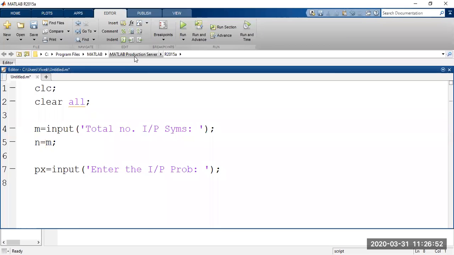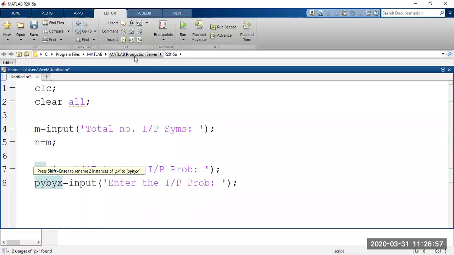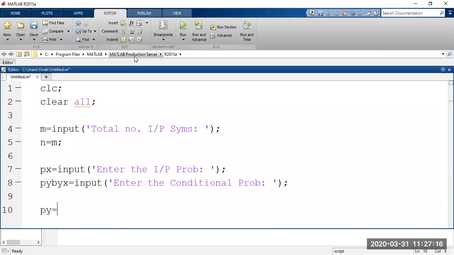Then next, in the example, we have been given the values of the conditional probability matrix, that is P(y/x). So enter the conditional probabilities. I hope you are with me on this. So this is given, P(x) and P(y/x). Now you know how to calculate P(y).